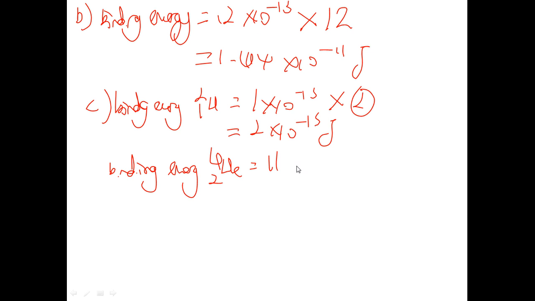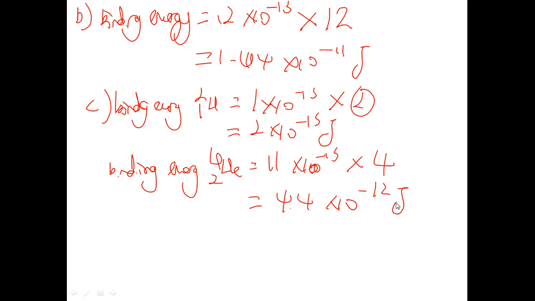So 11 times 10 to the power negative 13 times 4, because there are 4 nucleons. So I have 4.4 times 10 to the power negative 12 joules.